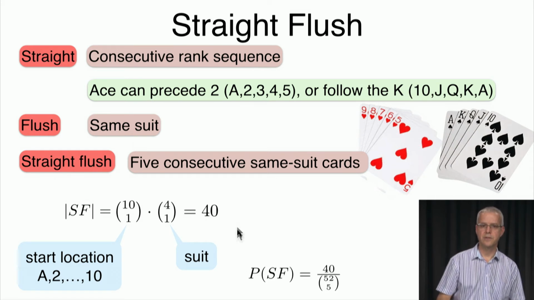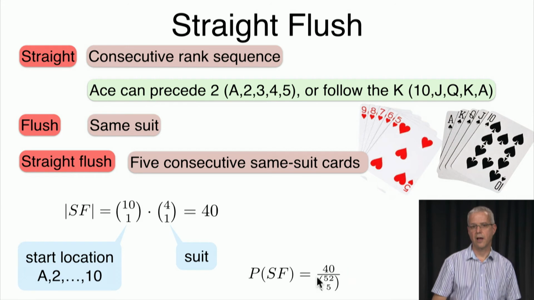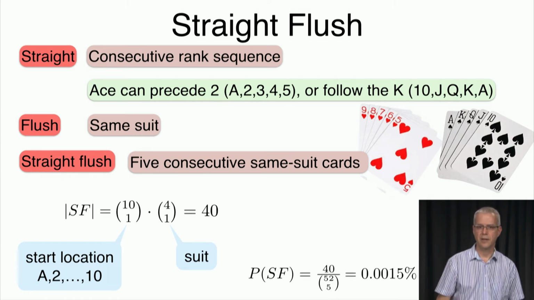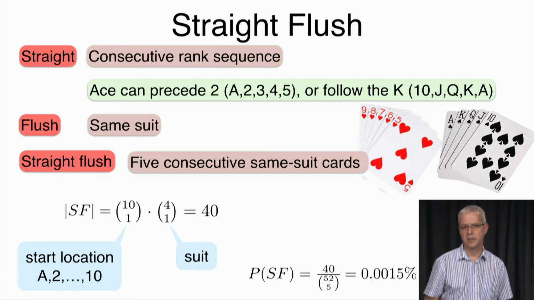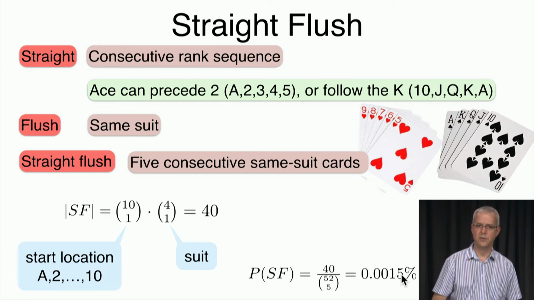Now, the probability of a straight flush is the probability that we get one of those 40 hands out of the 52 choose 5 possible hands. So that's 40 divided by 52 choose 5. And that's a very small number. It's roughly 1/1000th of 1%.